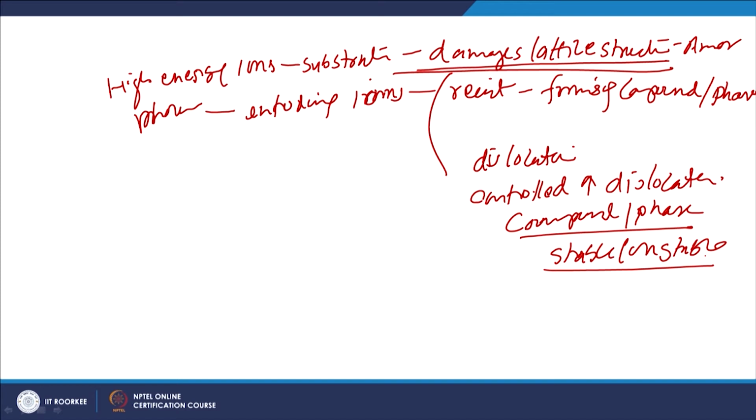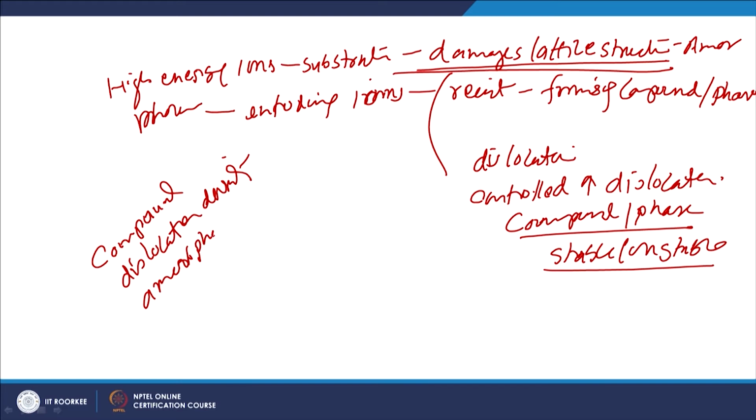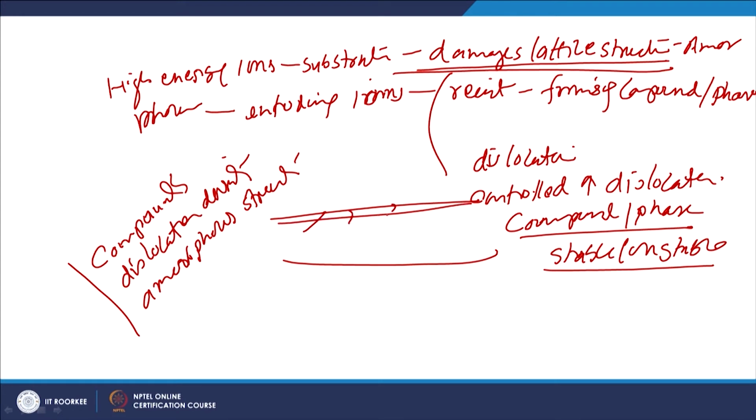And when these changes in terms of the formation of the compounds, dislocation density and the formation of the amorphous structure, these three changes in combination, especially at the near surface layers, lead to a significant improvement in properties with regard to the hardness.